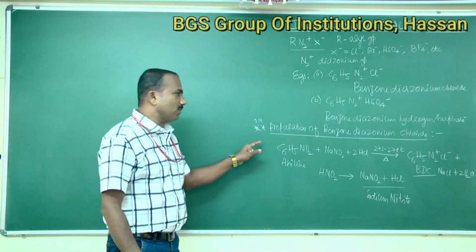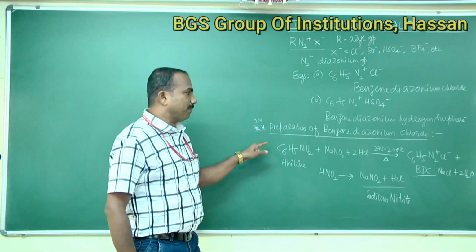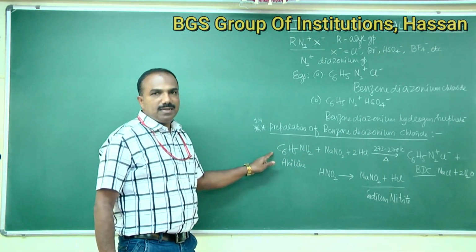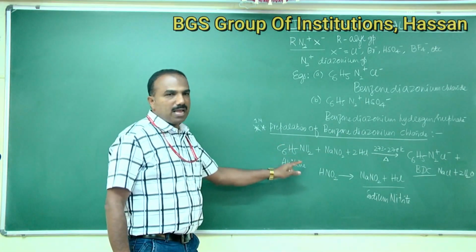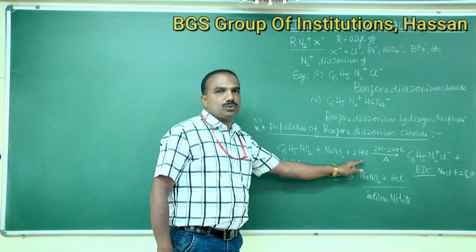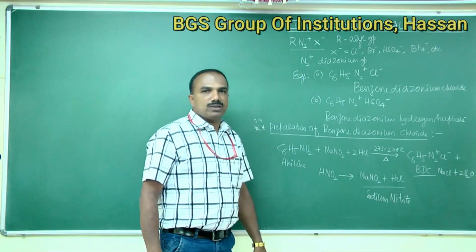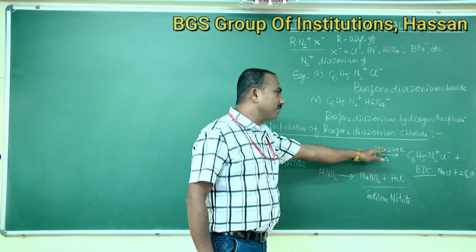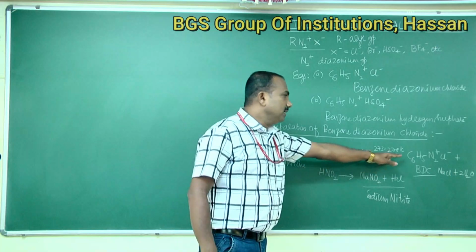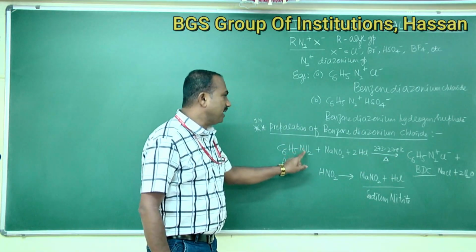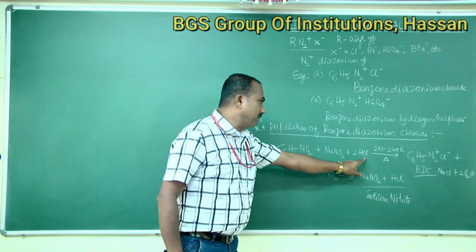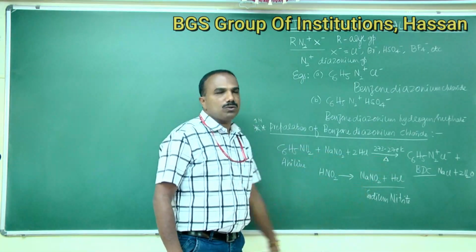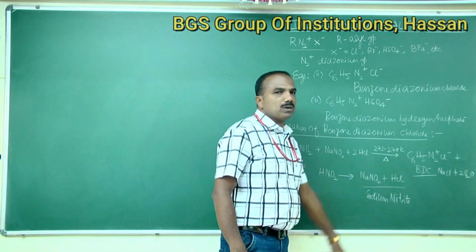If it is asked for 1 mark, to give the equation for preparation of BDC, that is benzene diazonium chloride, you should write: C6H5NH2 (aniline) plus NaNO2 plus 2HCl, arrow, with the temperature 273 to 278 Kelvin mentioned, giving C6H5N2+Cl- plus NaCl plus 2H2O. This is benzene diazonium chloride.